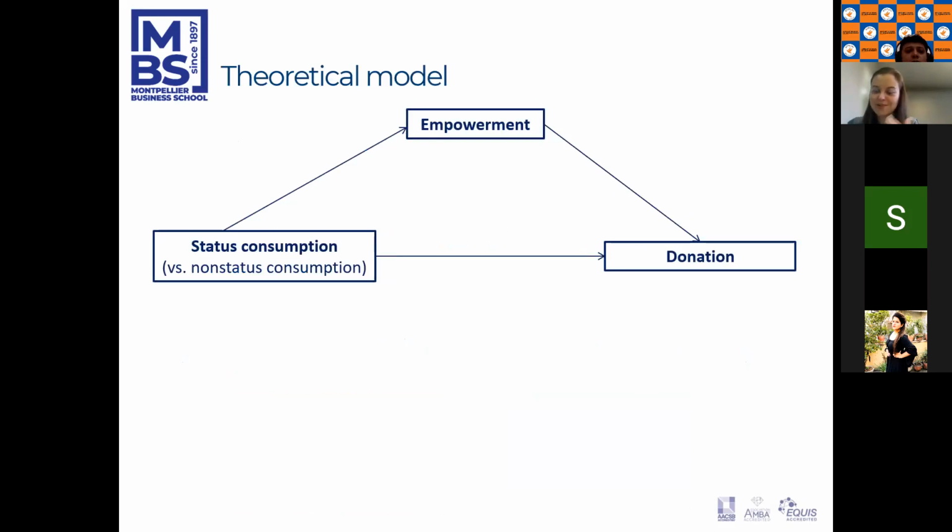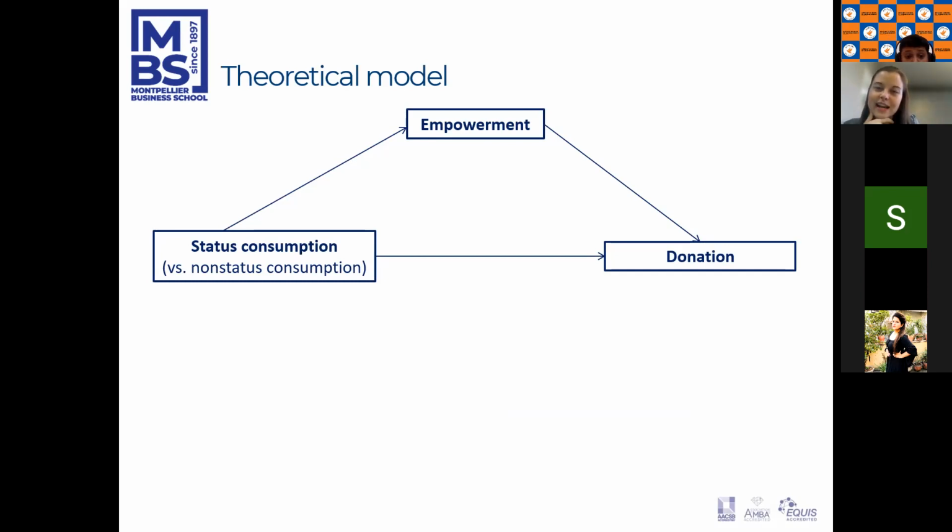So based on this literature and those prior findings that we discovered, we predicted that status consumption, when compared to just a non-status or regular consumption of non-status products, would empower consumers, and as a result of that, they will increase their charitable donation behavior, right?